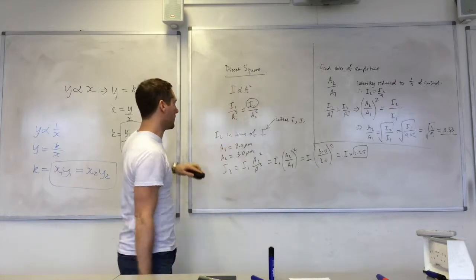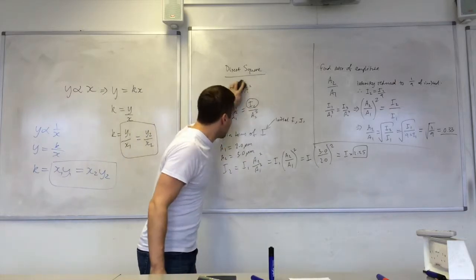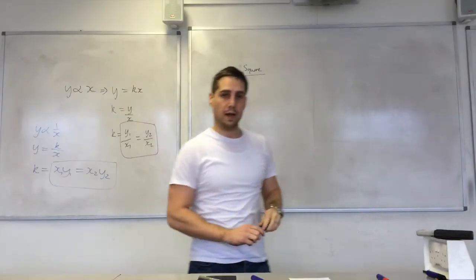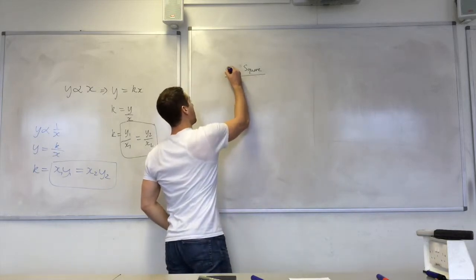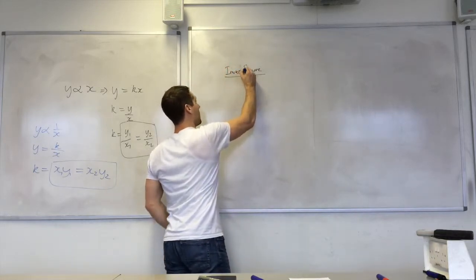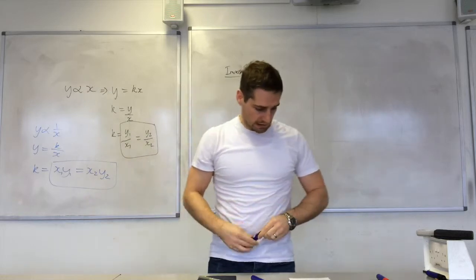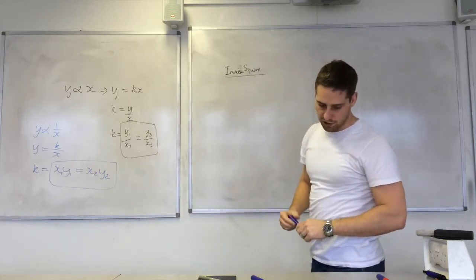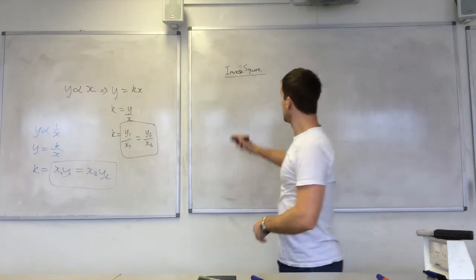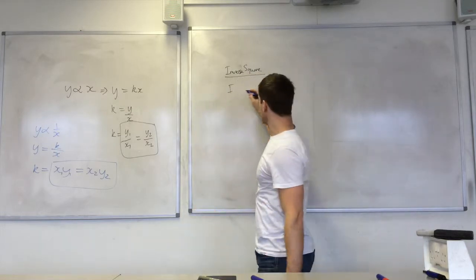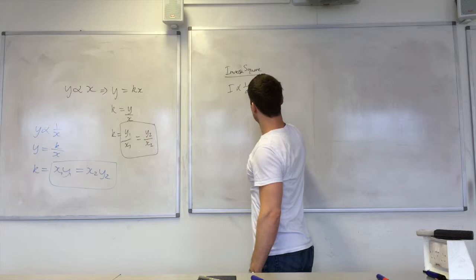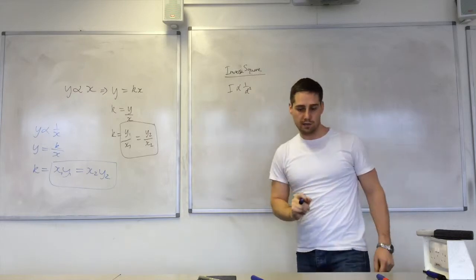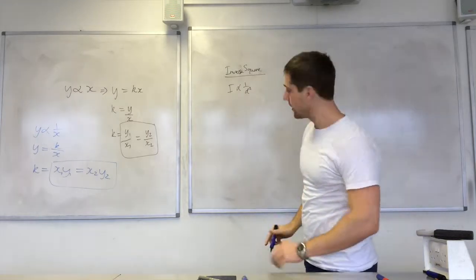Direct square proportionality. Now we'll do the opposite of that, an inverse square. There's quite a few of these in physics, so it's worth knowing. For this relationship, we will use another waves relationship. I is proportional to 1 over d squared, 1 over the distance squared.